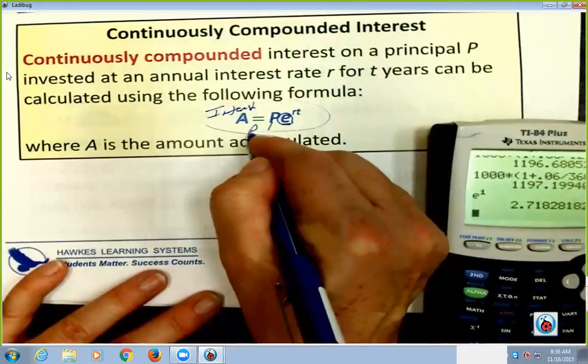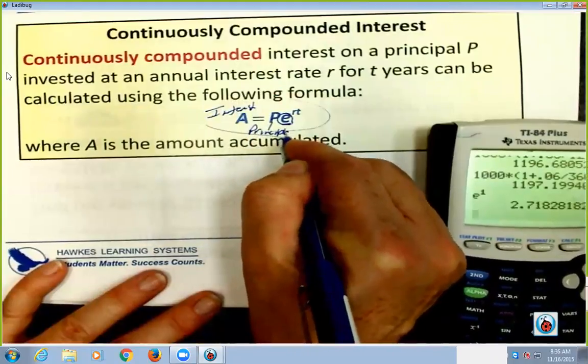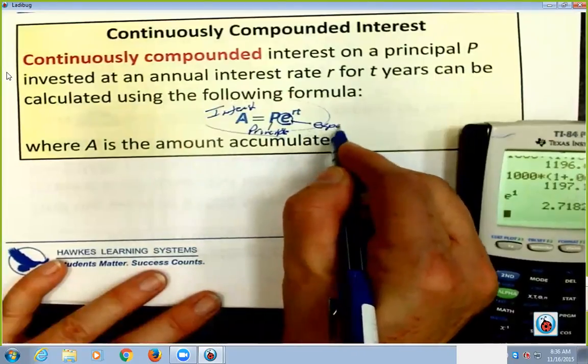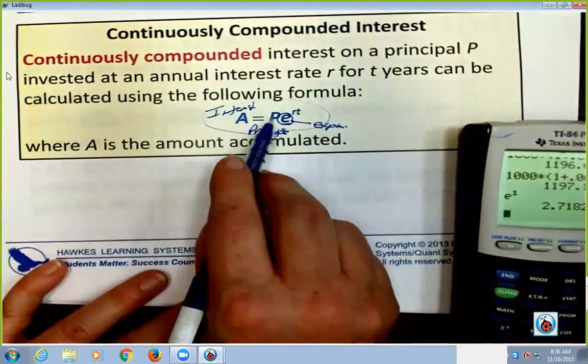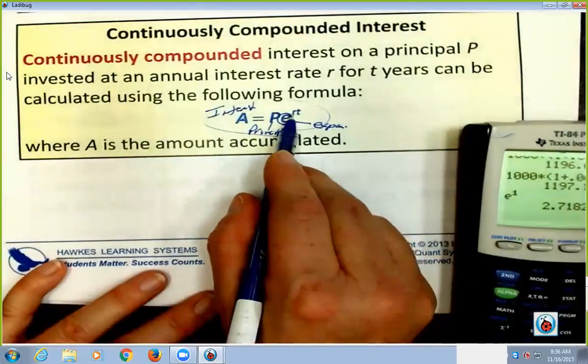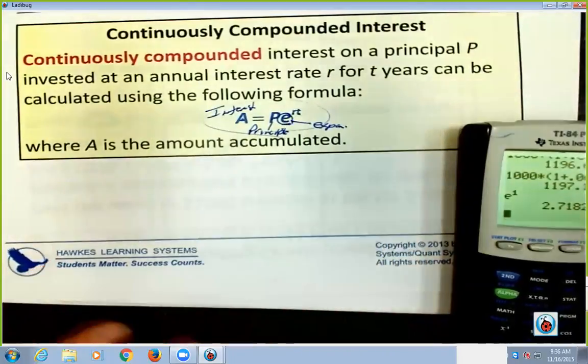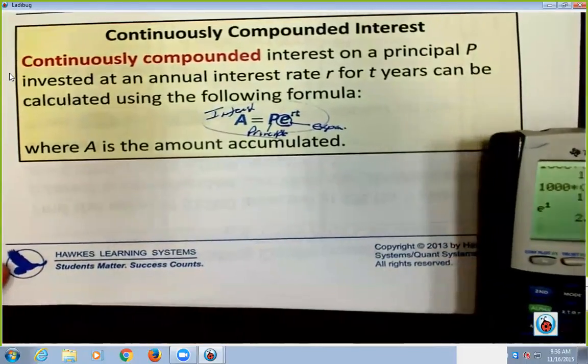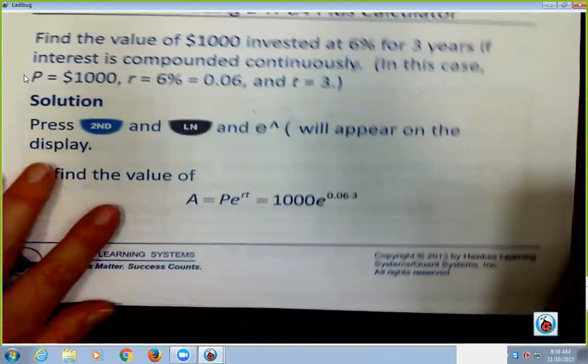P is principal, E is my exponent piece, and you get that by doing your natural log function. R is my rate, and T is the number of times, or the number of years that you happen to have in there. Okay, so let's see if we can do one of these guys and see what happens to it.